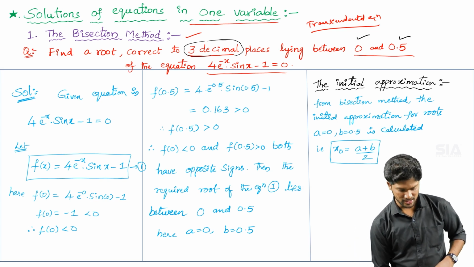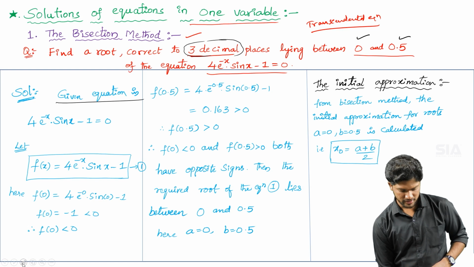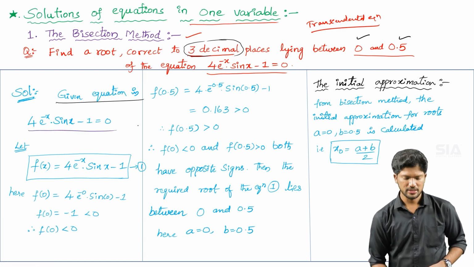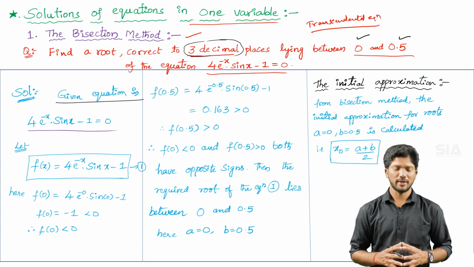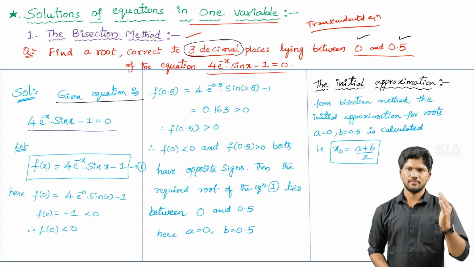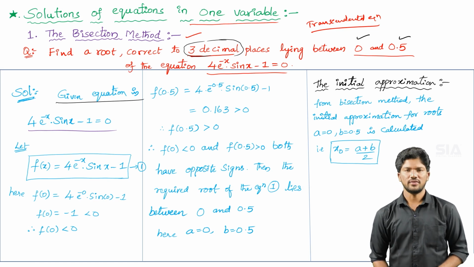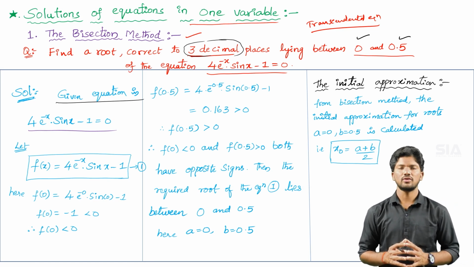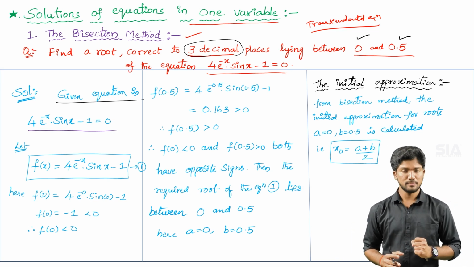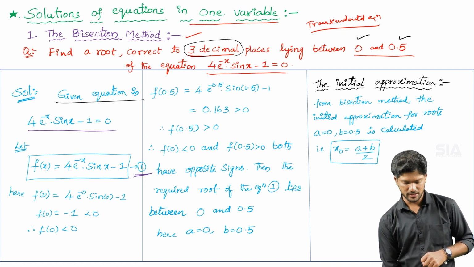Now you can see the solution. The given equation is 4 into e power minus x into sin x minus 1 is equal to 0. Let f of x is equal to 4 into e power minus x sin x minus 1, and take that as equation number 1.